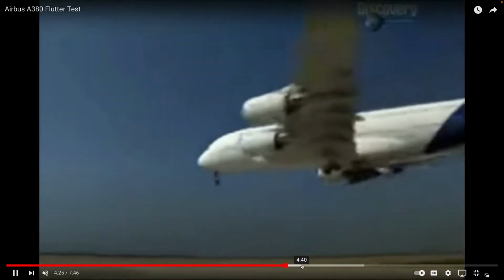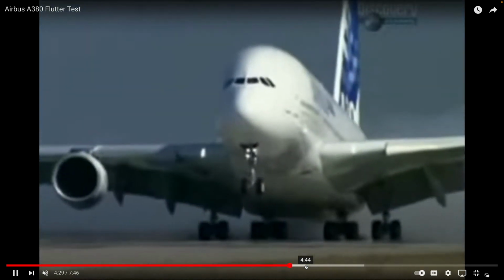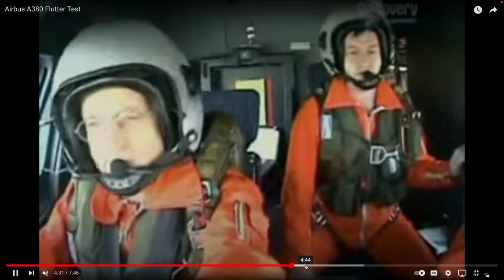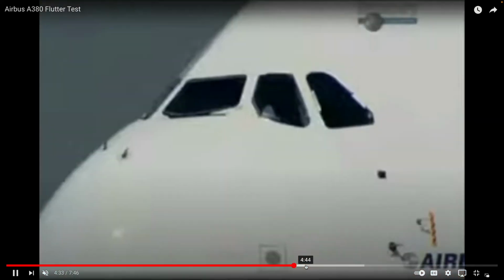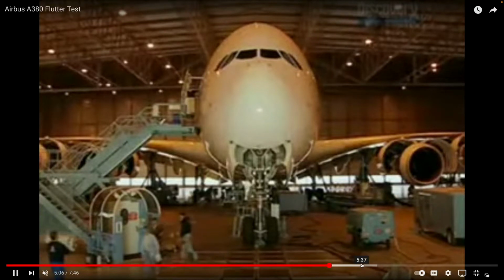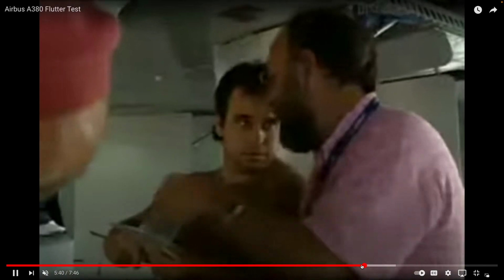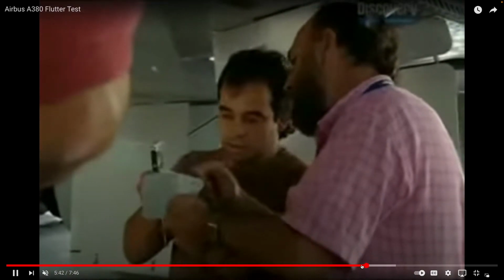But this is putting it through its tests, and I think in this particular case, trying to get it to actually flutter in flight and stall in flight and do all the kinds of things they would. Obviously, it's not really dimensional analysis, but I think it's an interesting exposition of aeroelasticity, because in these kinds of planes, obviously, it's an elastic structure, and so it can vibrate.